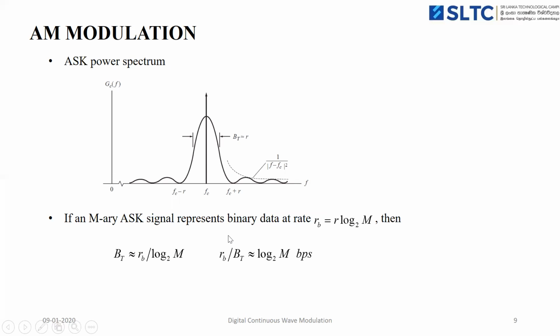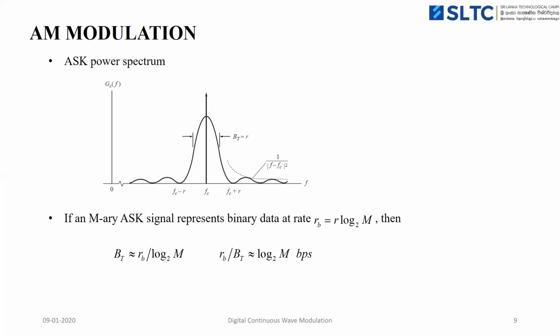We can write the bandwidth of the modulated signal Bt approximately equal to Rb by log2 M, where Rb is the transmit bit rate. By dividing the bit rate by log2 M, we can observe the bandwidth of the modulated signal, because when we go with higher order modulation, the bit rate automatically increases.